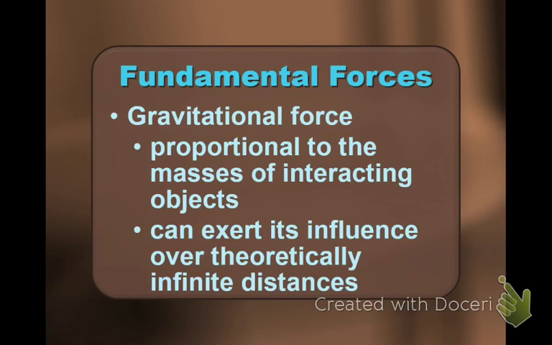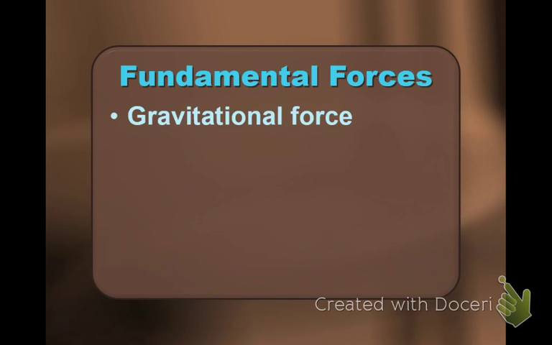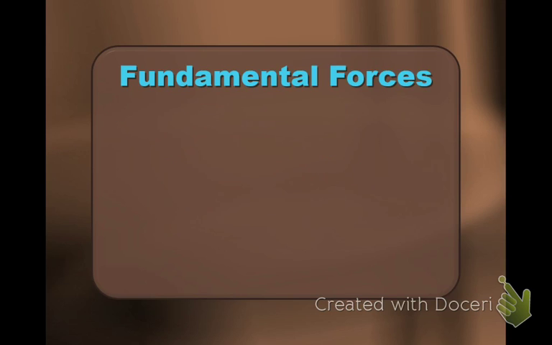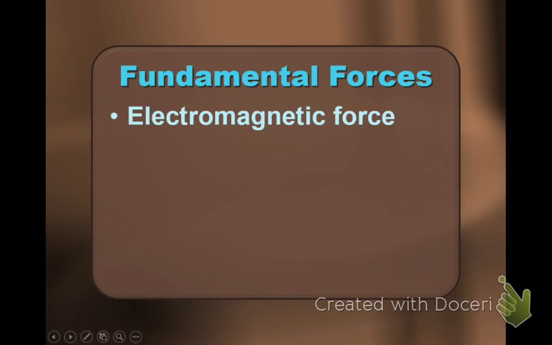We do not know how far you must be away from the Earth in order to not have gravity of the Earth exerted on you. All objects will exert gravitational force on all other objects. Another fundamental force is the electromagnetic force.